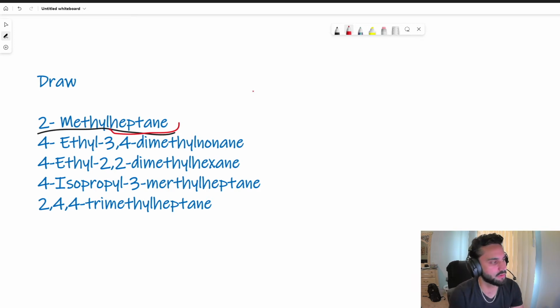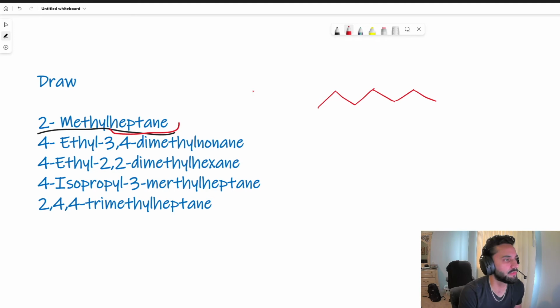And heptanes are usually seven carbons in the chain. So just like this right here, 1, 2, 3, 4, 5, 6, 7. And I like to number them. So 1, 2, 3, 4, 5, 6, 7.